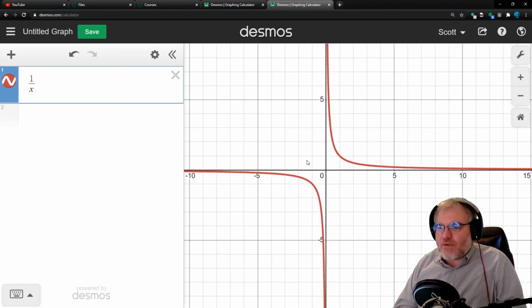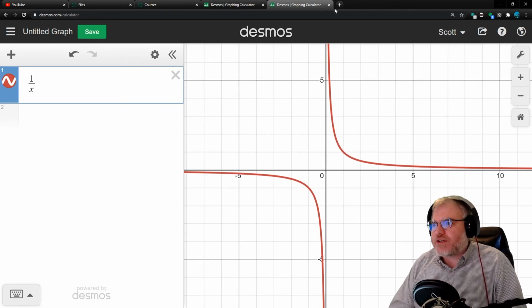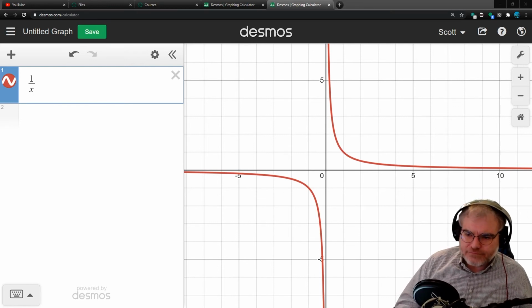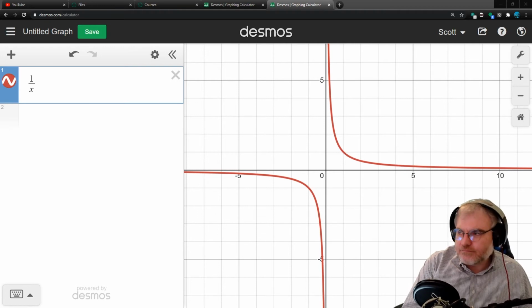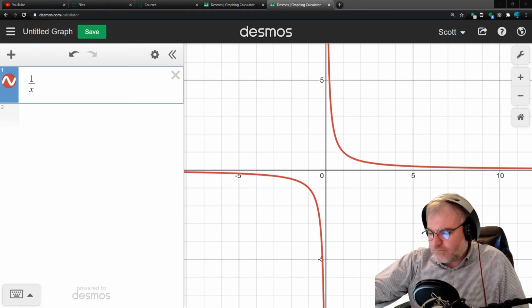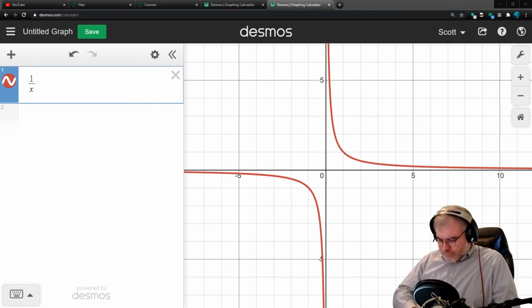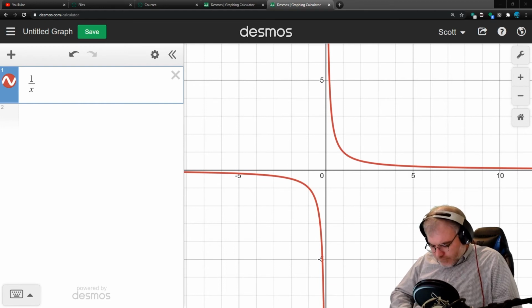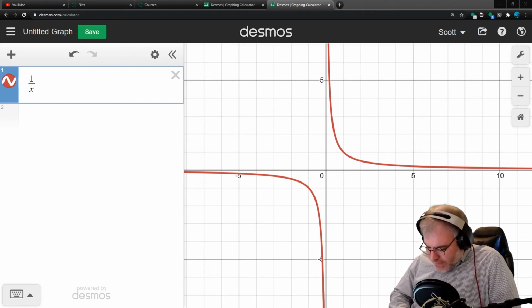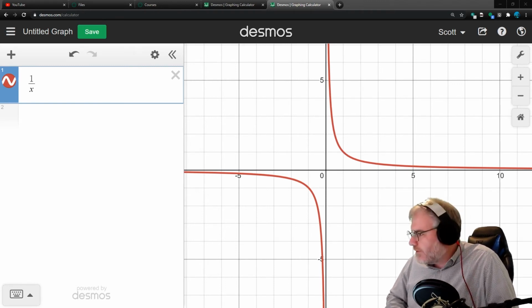How do we feel about that? How important this function is? Again, this function should be giving you nightmares.